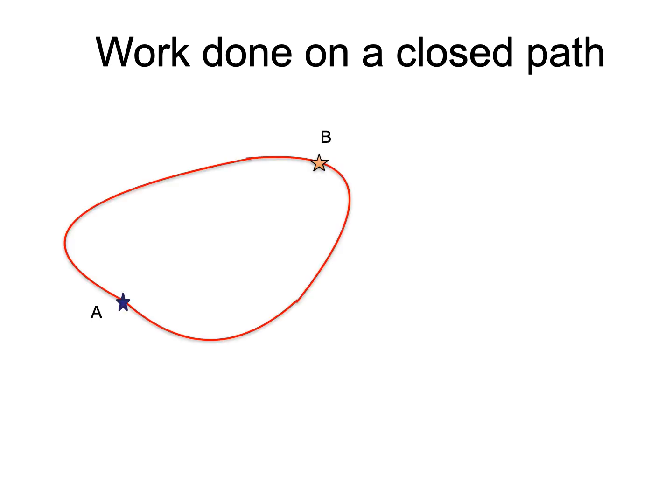It is all very well, but how do you check that the work done by a conservative force while the object is traveling from A to B does not depend on the path taken? I do not want to get into the mathematics of calculus and integration, but I want to give you some hints as to what is involved. Let us take a closed path and create a collection of n subsequent displacements for a trip around the loop. Here is an example where n is equal to 5.